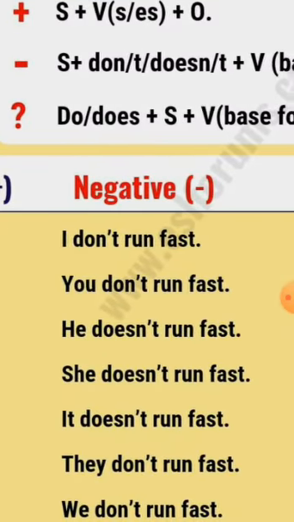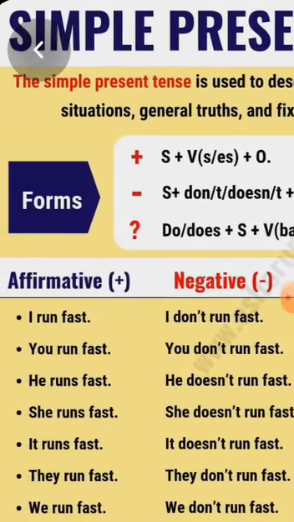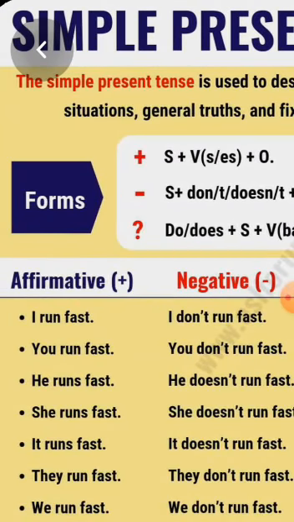The affirmative sentence is I run fast, but negative is I don't run. It means do and does are used in the negative forms. So I run fast, I don't run fast. You run fast, you don't run fast. He runs, he doesn't run.